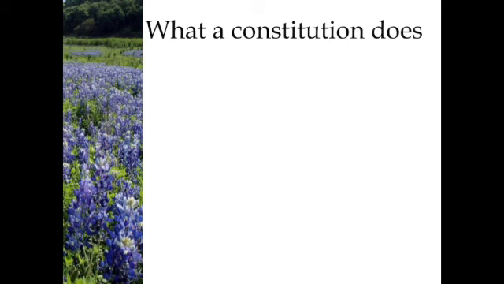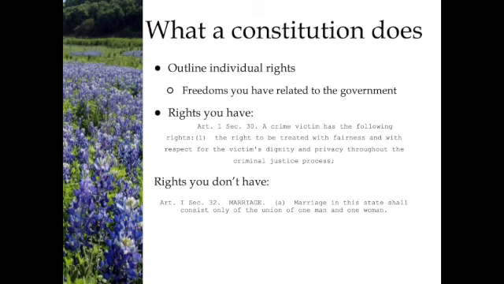Other aspects of a constitution. It outlines, or a good constitution should outline, individual rights. And by individual rights, I mean, what freedoms do you have as an individual related to what the government can do to you or what the government can't do to you? Not necessarily businesses, but more about how the government relates to you.